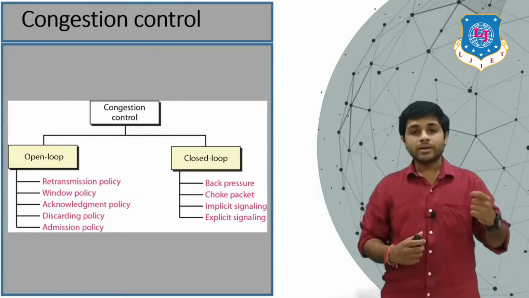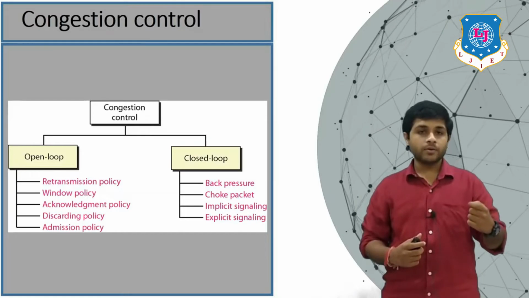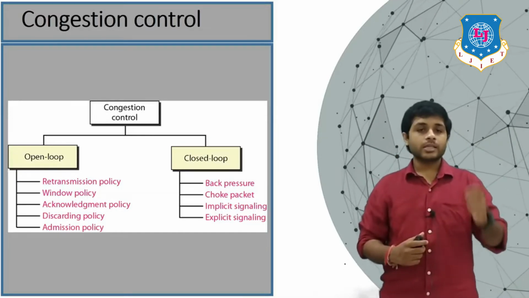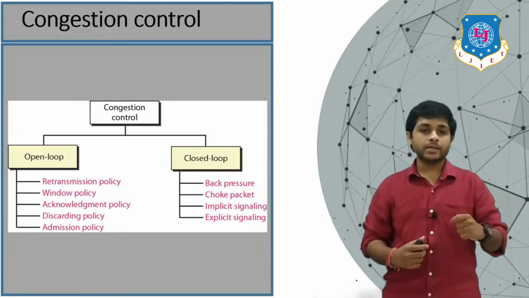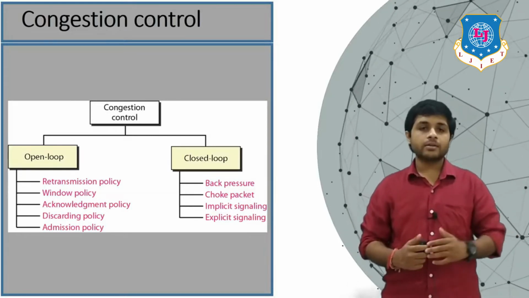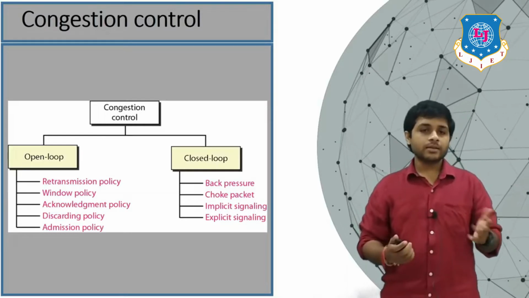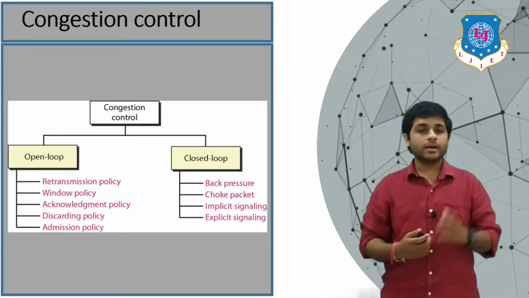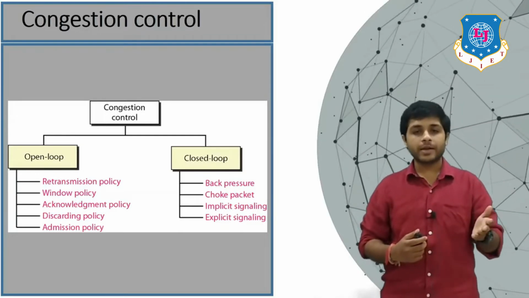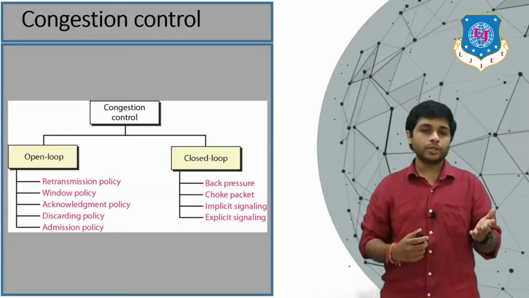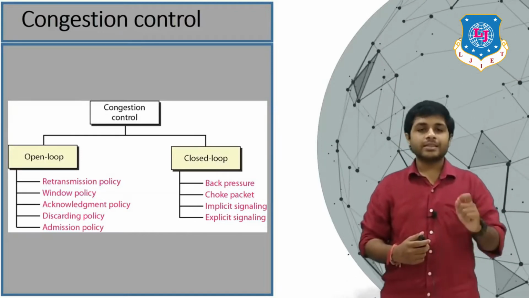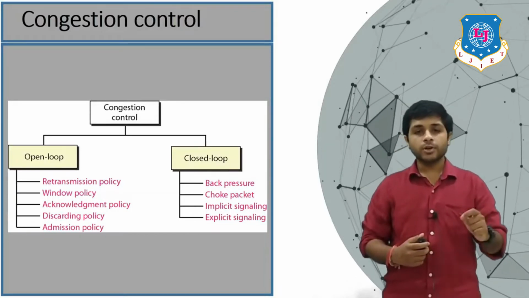But if the sender is receiving an acknowledgement for, let's say, every 5 packets, in that case there will be a lesser number of packets traveling in the link. So the sender can select either of the two. It can select an acknowledgement for every packet sent, or it can receive an acknowledgement for every 5 or 10 packets, and that acknowledgement is called cumulative acknowledgement.